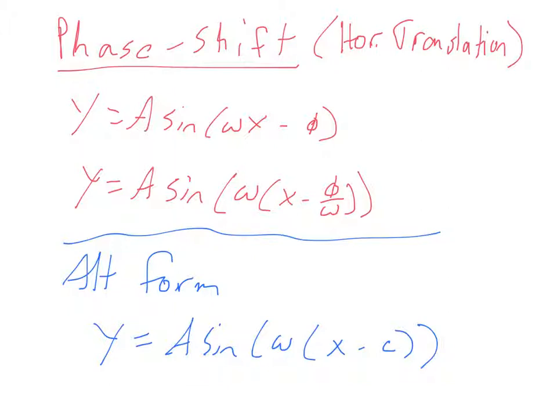In any case, omega tells us what our new period is going to be, and the c will tell us the exact amount of the phase shift, or the horizontal shift. How much am I pushing it left or right?